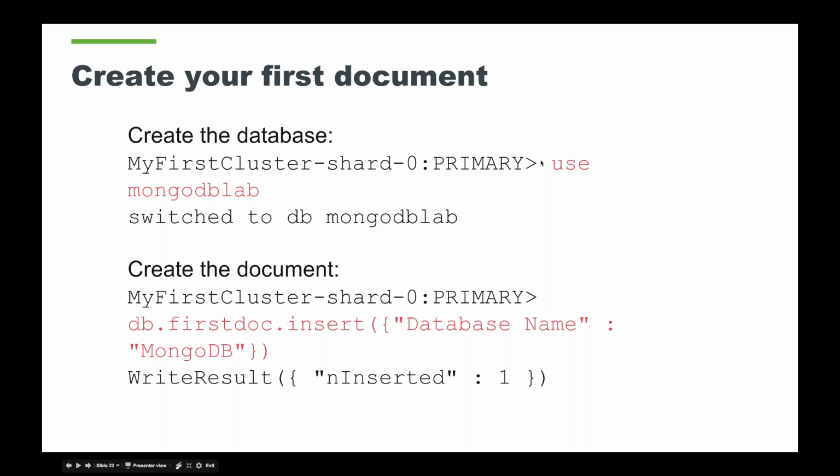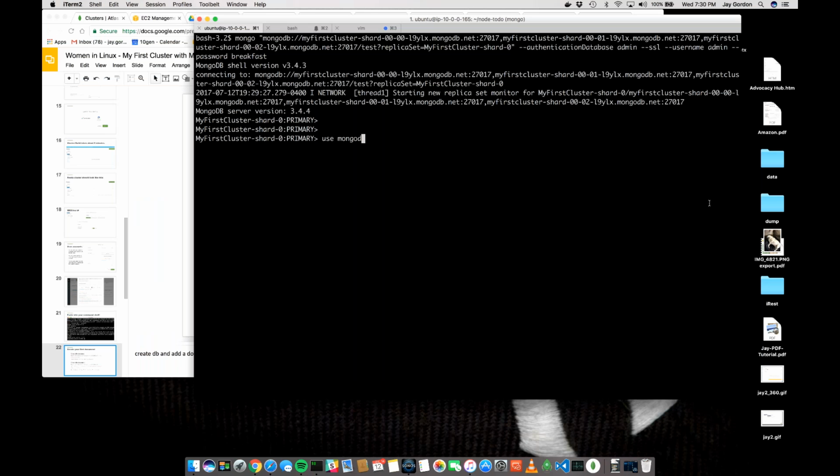So in this particular situation, our cluster, our server, is named my first cluster. And we're connected to the primary. And we're going to say use MongoDB lab. So I'll show you how I would do it. Use MongoDB lab. And just like that, it automatically gives you a database to start working with.